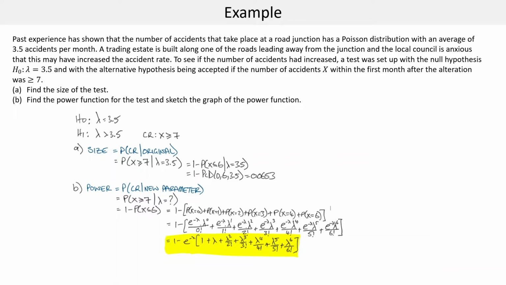So let's try that out. When lambda equals 4, just in your calculators, you'd get a power of 0.1107. When lambda equals 5, you would get a power of 0.2378. And when lambda equals 6, you get a power of 0.3937.